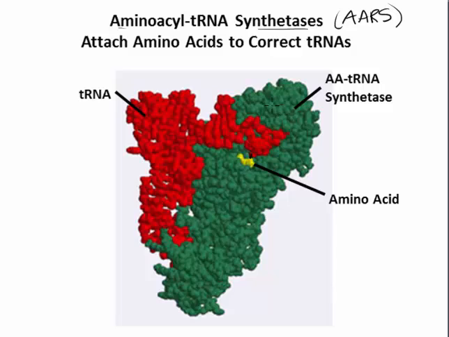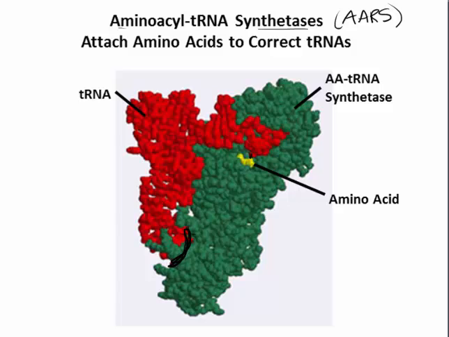Now, as you can see, the enzyme, which is here in green, is going to be forming a very close interaction with the amino acid so that it's only binding to one specific amino acid, and then forming a very close interaction with the tRNA to sort of feel out the sequence and determine if this tRNA is the correct one that matches with that amino acid. And you might imagine that that anticodon loop would be particularly important to feel out, and you would be correct.